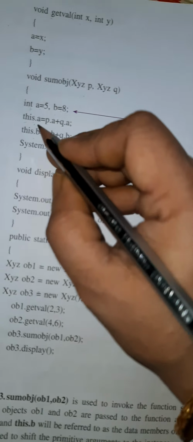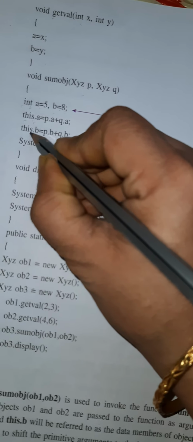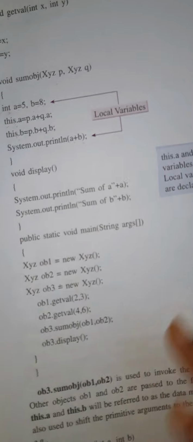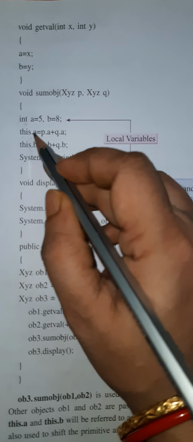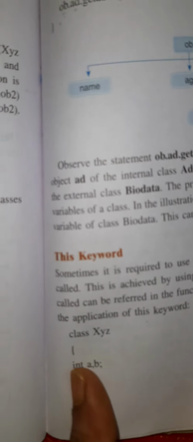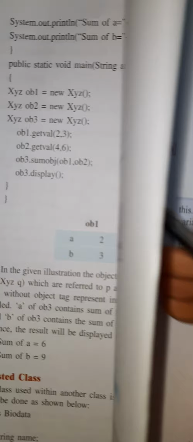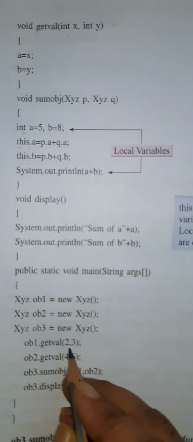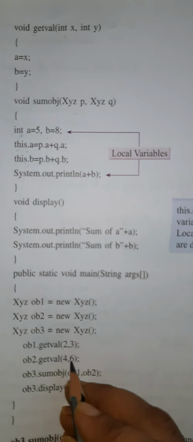So what happened when we used this with a and b is that it made the system clear that this a and b are the instance variables which we have declared here, where we store the values 2 and 4 and 3 and 6, and these a and b are the local variables which have to be added here.